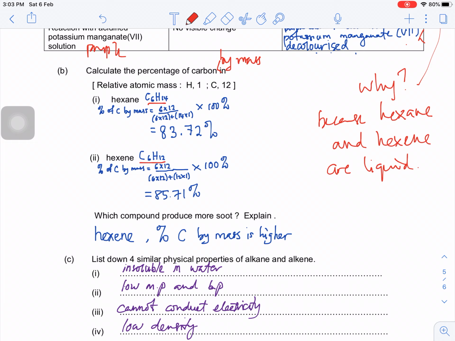And then, we calculate percentage of carbon by mass. Wajib tulis ni. So, 6/12 bahagi 6/12 tambah 14/1. So, dapatlah peratus dia. And then, kita buat method yang sama untuk hexene. So, which compound produce more soot? Hexene. Why? Because percentage of carbon by mass is higher.